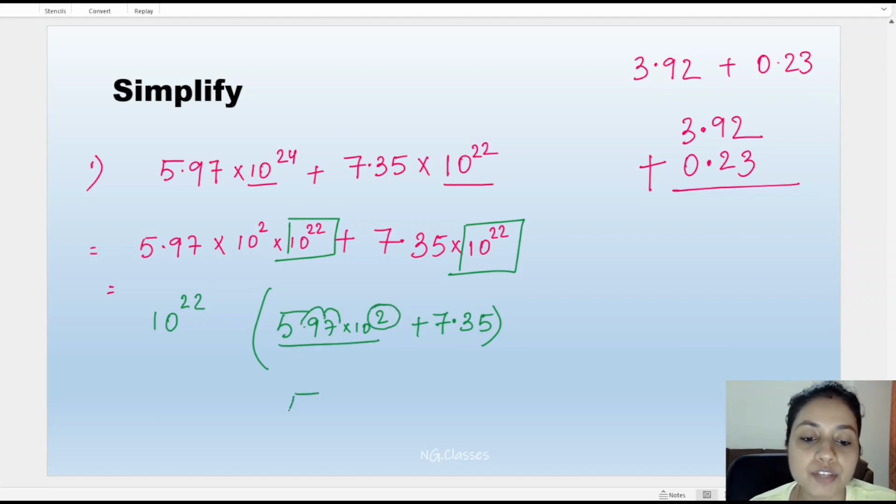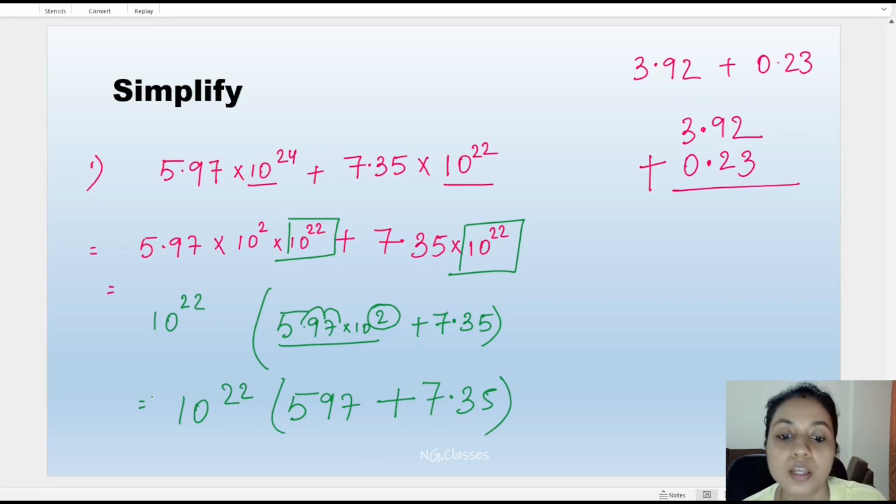So we have 597 plus 7.35, and 10 to the power 22 is already there as a common factor. That means 597. Where is the decimal? The decimal is after 7. It's a whole number, and we can write as many zeros as we need.